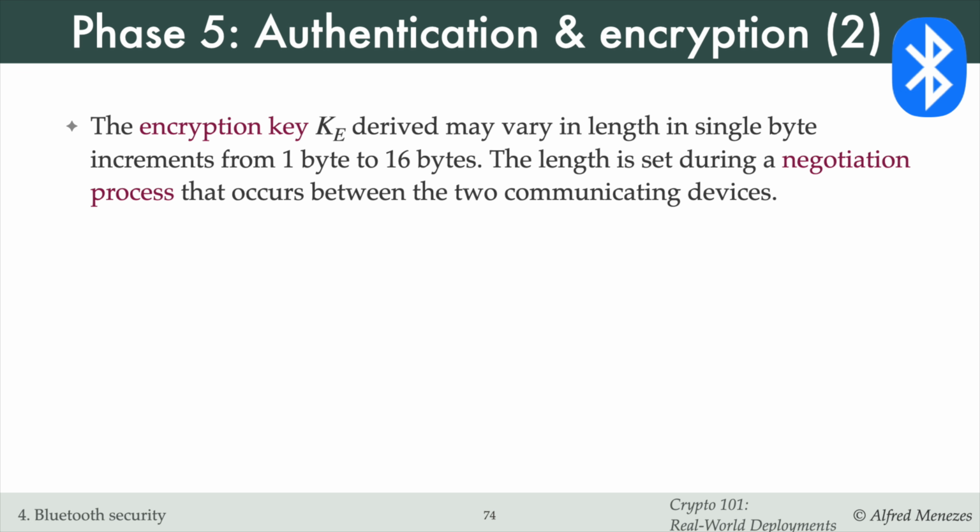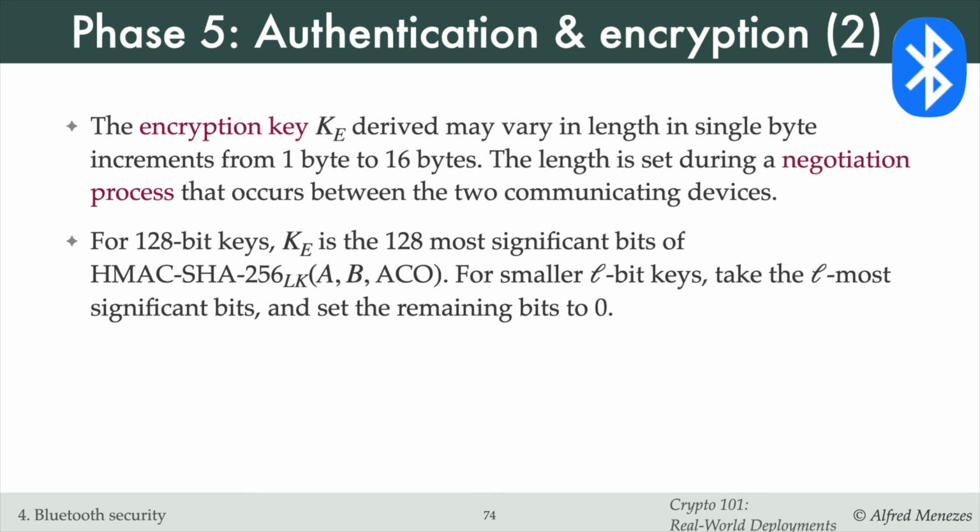The encryption key, denoted KE, can range in size from a single byte to 16 bytes, so from 8 bits to 128 bits. Small encryption keys are allowed due to certain governments' regulations that restrict the use of strong encryption. During a negotiation process between the two devices, Alice and Bob agree on the length of the encryption key.